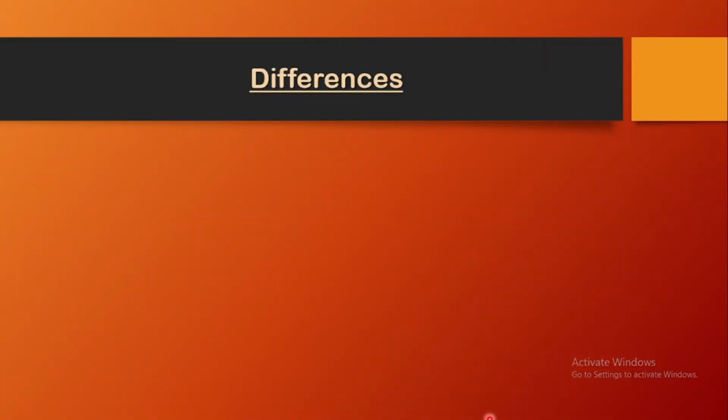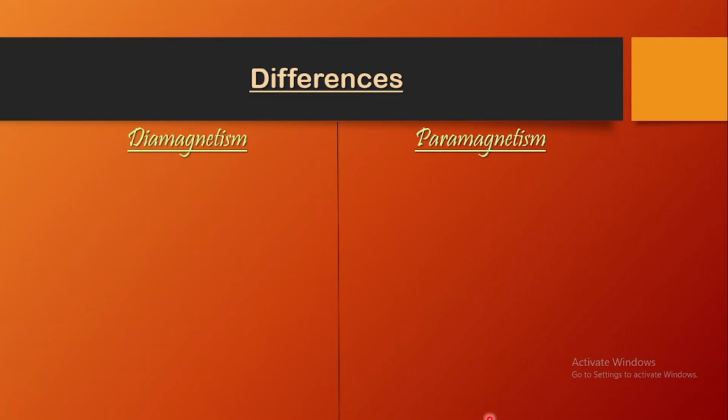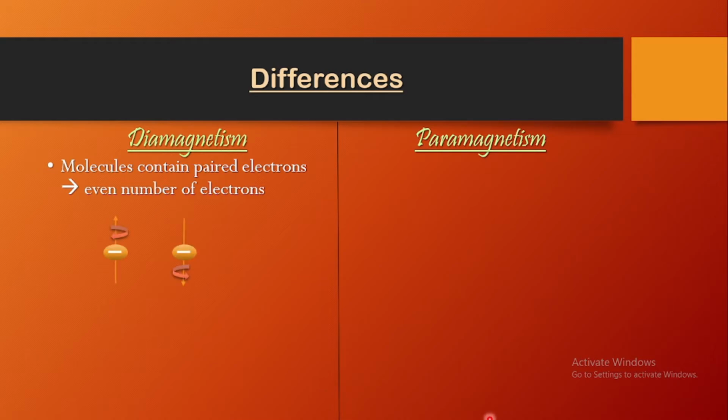So clearly we can differentiate between diamagnetic and paramagnetic substances. If we consider diamagnetic substances, we know that in diamagnetic substances the molecules contain paired electrons. That is, it has an even number of electrons. So that can be visualized here.